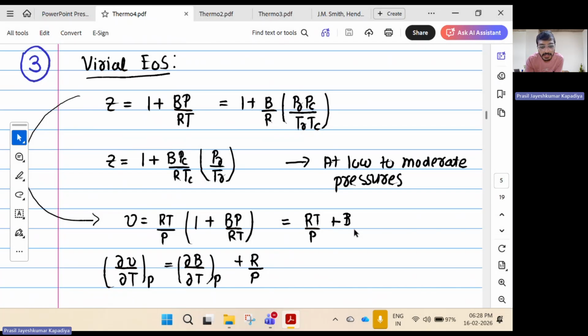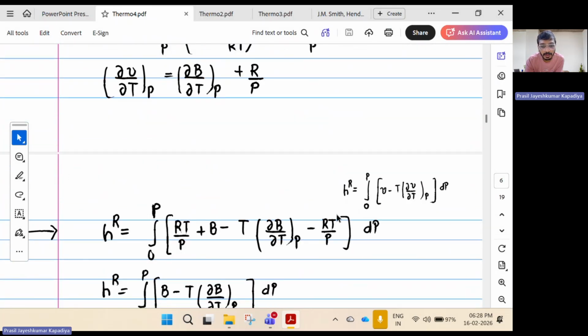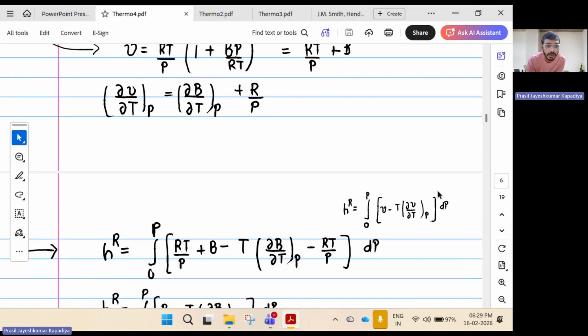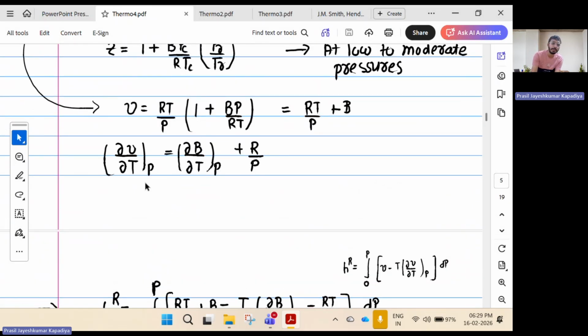So what was my original equation of enthalpy? This H residual was the integral from 0 to P of V minus T del V del T at constant pressure dP. If I find del V del T at constant pressure, this will be R by P, because R is constant, P is constant, and differentiation of T with respect to T is 1.